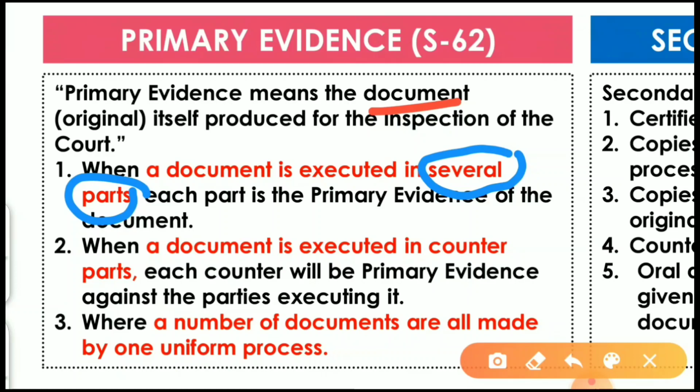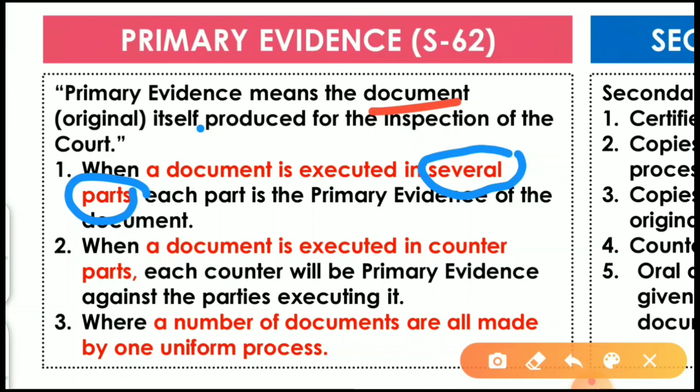For another example, in a partition deed, each one of the parties to that partition deed may keep a part as a reference to such execution of the partition deed. Here, each part of such partition deed is a primary evidence of the document.